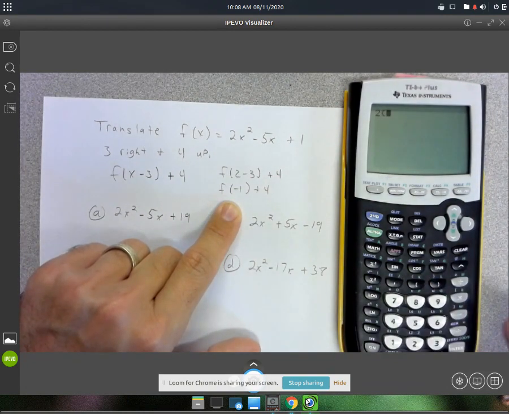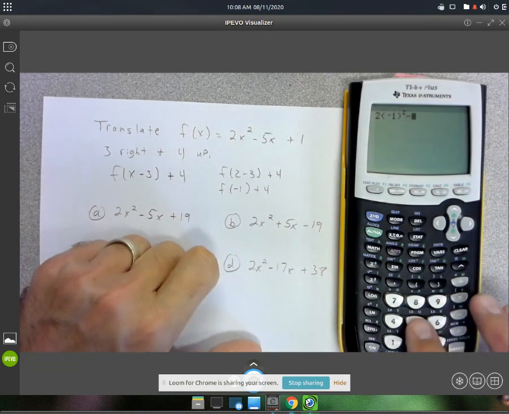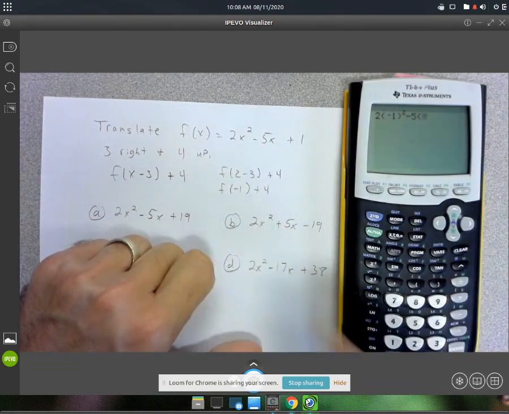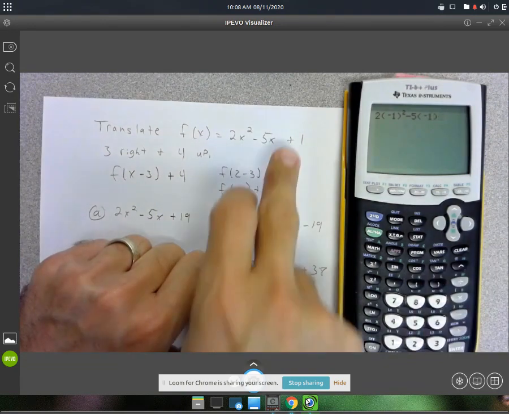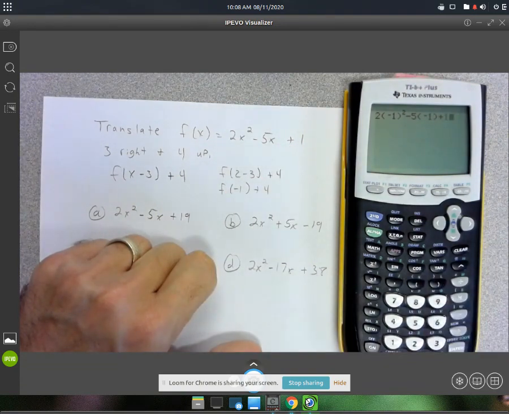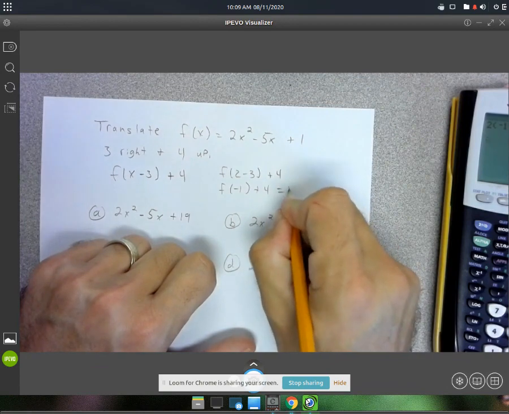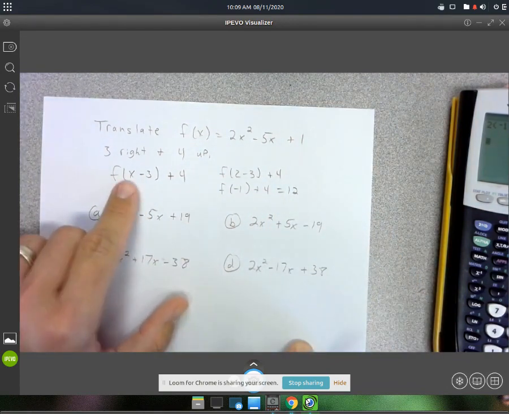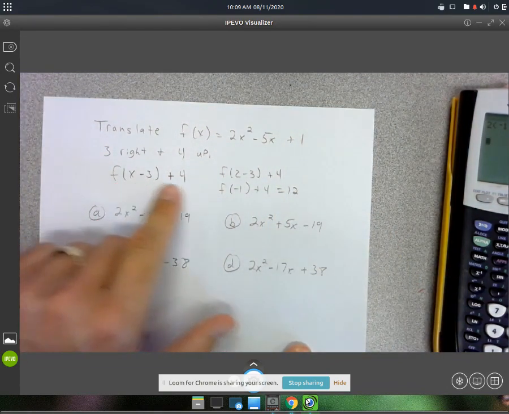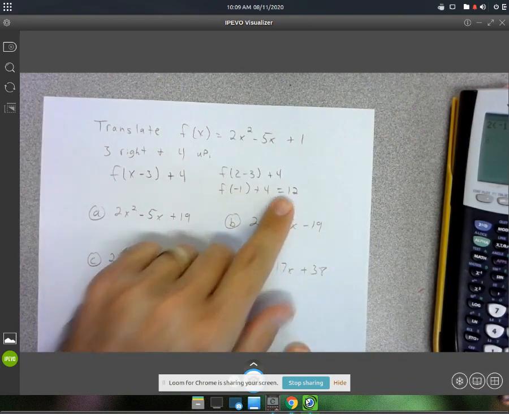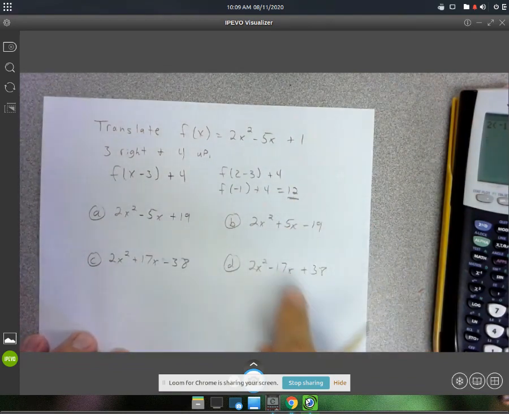So I've got 2 times negative 1 squared minus 5 times negative 1 plus 1 and then plus 4. All right, and that gives me 12. So when I take 2 and plug it in for x here, I get 12 out. So I'm looking for an answer option down here that will give me 12.